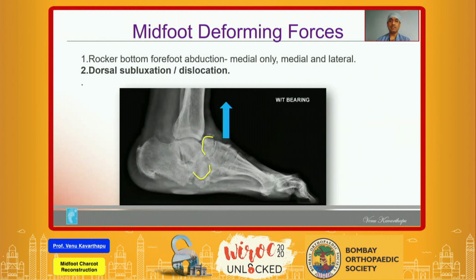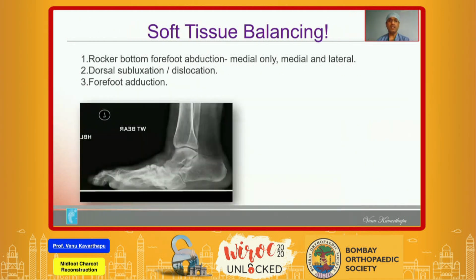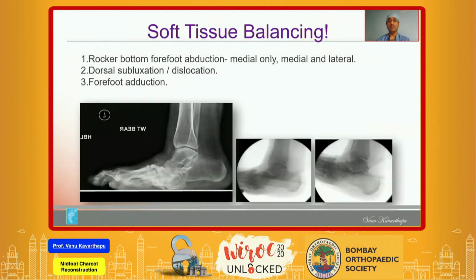The resultant deforming forces here are the tibialis anterior pulling dorsally, whereas the gastrosoleus complex is again pulling the heel unit dorsally. So it's critical that we understand and address this soft tissue imbalance. Here, there is a clear equinus component in the hindfoot, as the calcaneal pitch is abnormal, even though the deformity is in the midfoot, because it is a midfoot-driven hindfoot deformity.